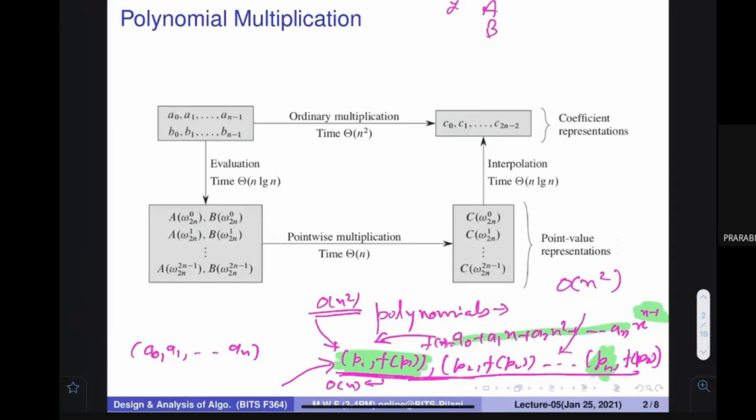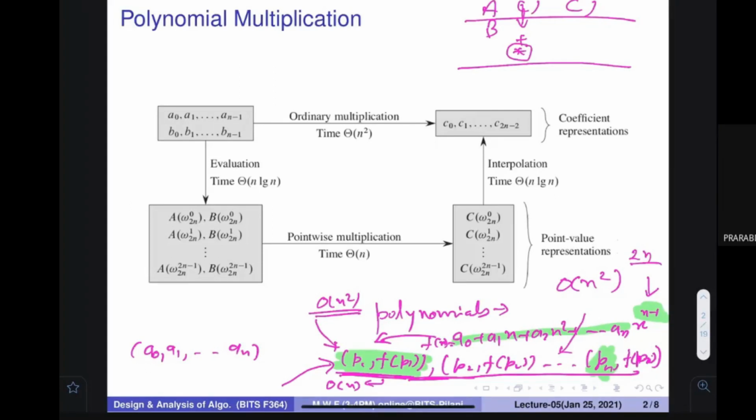Multiplication you can also find. However, when we do the multiplication, these many points don't suffice. We have to use more points because the highest degree term of the product becomes 2n minus 2. So more points would be needed to represent this.